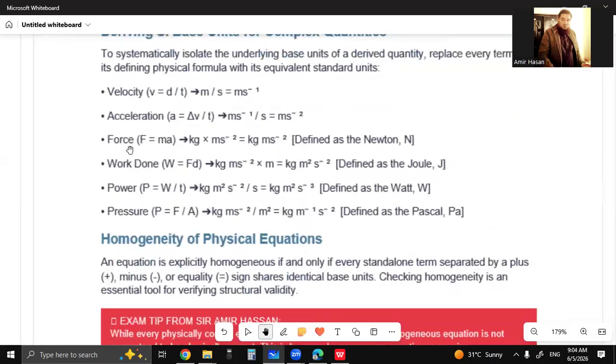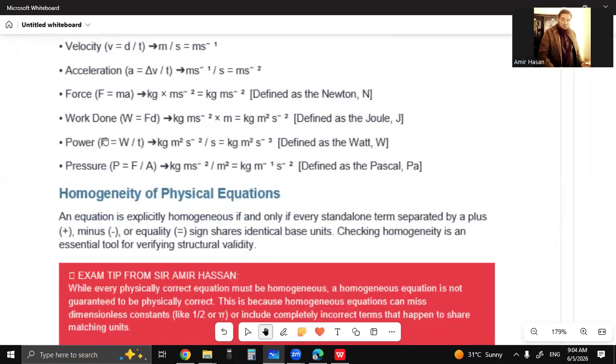Force is a derived quantity. It is formed with mass and acceleration. Mass is kilogram and acceleration is meter per second squared, both representing the force. Mass is a base quantity, and acceleration is also derived. Acceleration is also formed with the basic quantities. These all basic quantities form the derived quantity. Work is also a derived quantity.